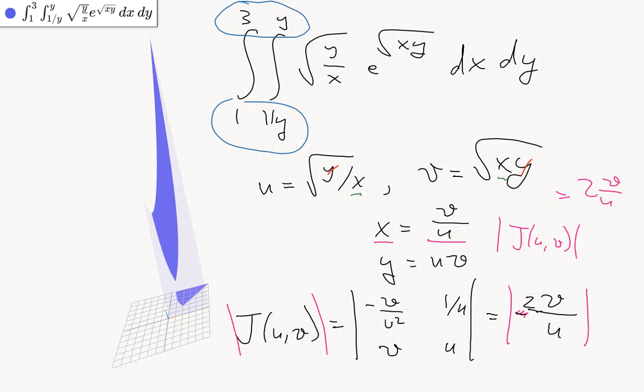So this negative sign will go away when we take the absolute value. Okay, so then we need to also find the new bounds, so the u and v bounds. And I think this is the part that people struggle the most with. So let's switch over to the 2D view.